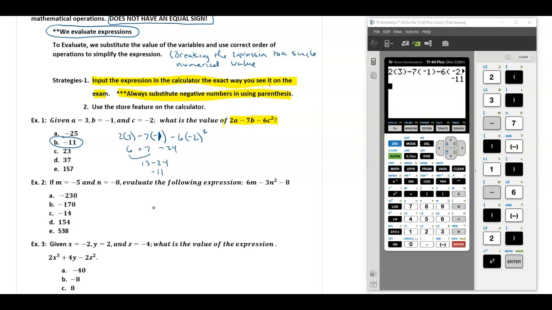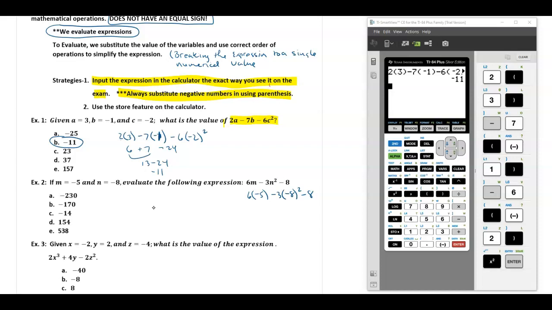So for the next example, right, they say if m equals -5 and n equals -8, evaluate the following expression. So what we're going to do is first on the paper, just real quick, show our substitutions. I'm going to replace m with -5, so 6 times -5 minus 3 times -8 squared minus 8.